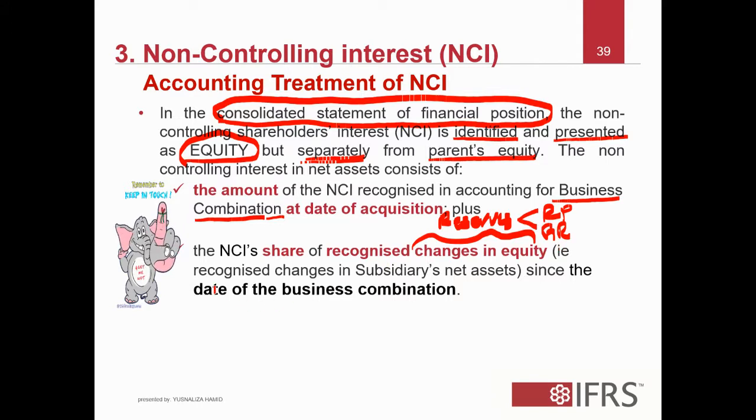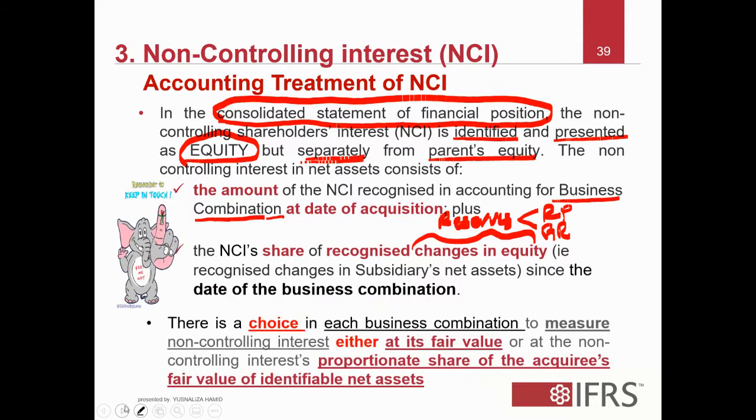And that should be recognized since the date of business combination. There is a choice actually in each business combination to measure the non-controlling interest. There are two options given. One is at fair value, and the other one would be at proportionate share of the acquiree's fair value of identifiable net asset. That will be discussed in the next slide.